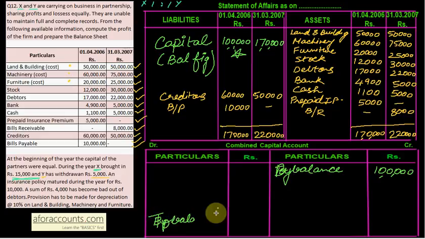So to balance, closing capital is 1,70,000 taken from here. So by balance 1 lakh, opening capital, to balance 1,17,000 is your closing capital. Now what are we left with of 5 items? Drawings are left. So to drawings.